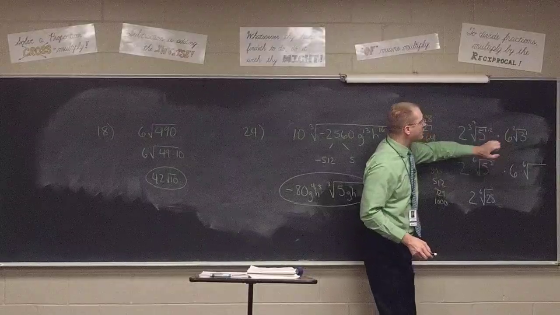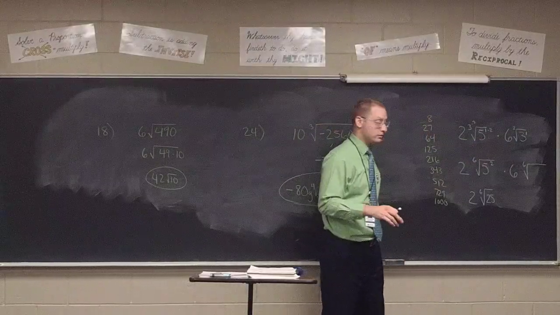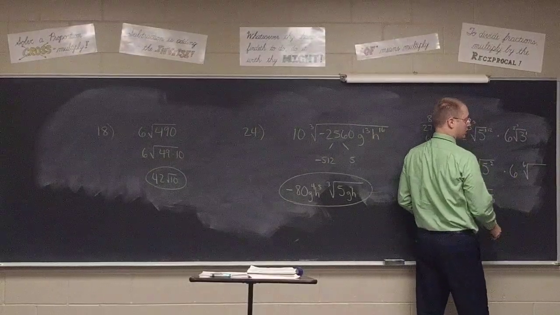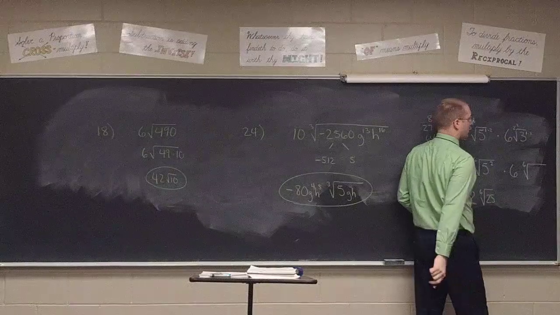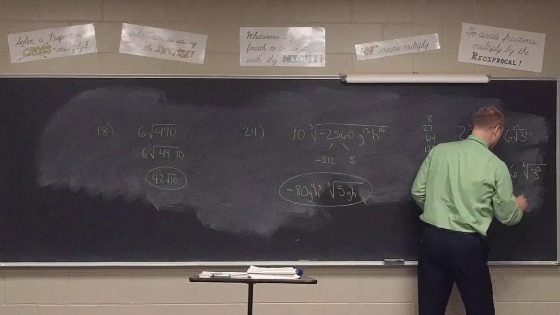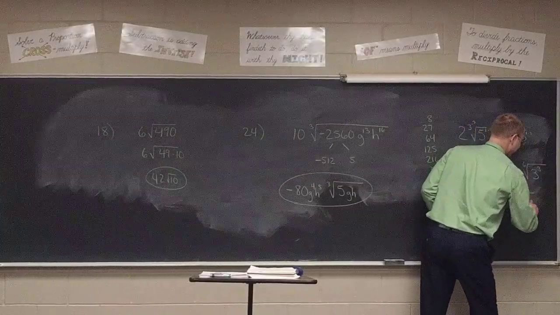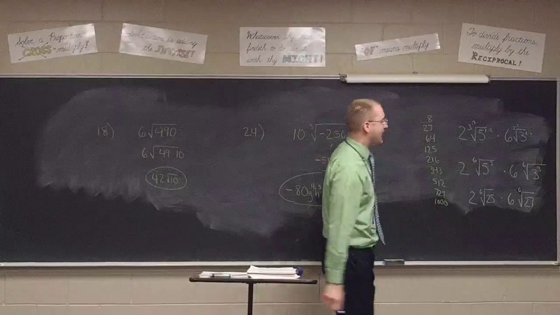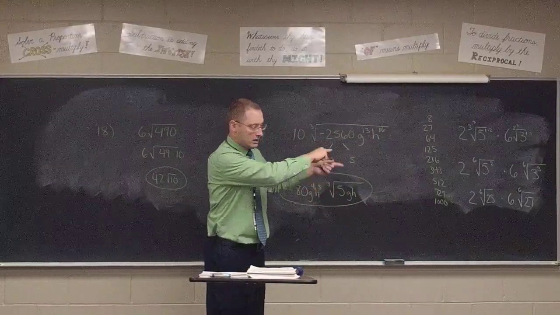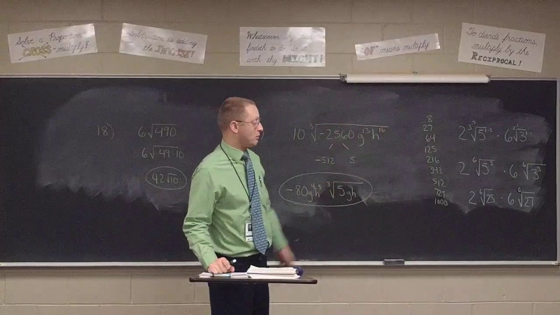So here, what do you suppose we do to 6 times the square root of 3 to the first, Noah? Good, 3 cubed. And I like that he did it in his head, and that's what the push will be next year in Algebra 2, is to do it in your head. And now do you see that we have made like indices? We didn't have it to begin with, now we do, and now we can multiply.